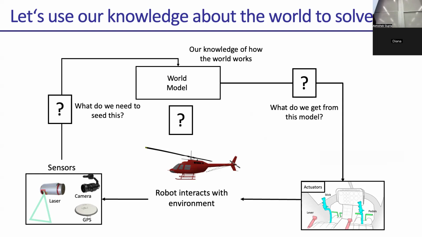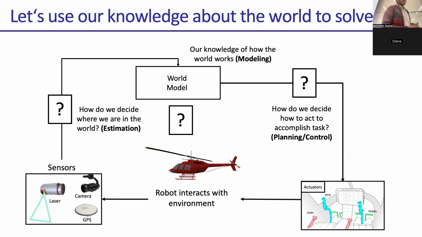But it doesn't tell you what action to take to get to some desired state, right? And so the process of decision making or planning is often trying to find what actions I need to take to satisfy my mission constraints and minimize my objective while obeying the dynamics of my system. So this third box is planning, the middle box is world modeling, and the first box is state estimation.